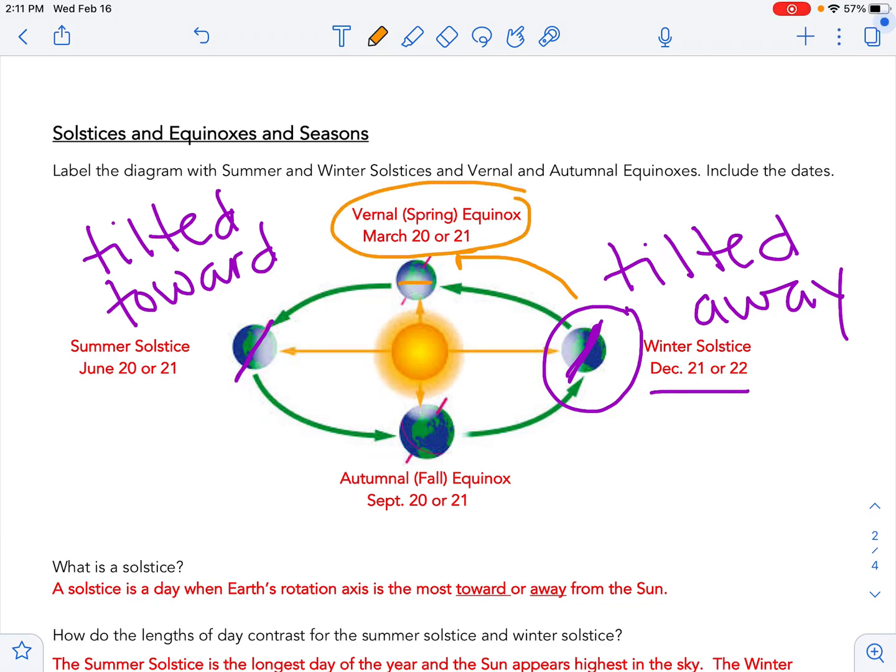We're not leaning, the equator is riding right alongside that orbit. We're not tilted toward nor away. So that's our spring equinox, and then we continue to our summer solstice, and then to our autumnal or fall equinox, where the equator is riding right along that orbit like so, tilted neither toward nor away.